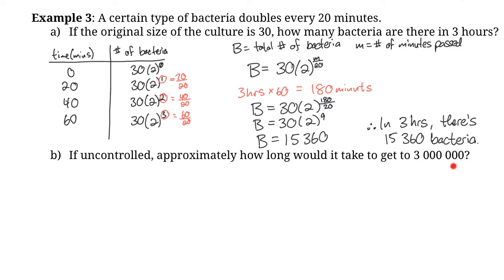In the second part of the question, it says, if uncontrolled, approximately how long would it take to get to 3 million? So this time we are given the number of bacteria, and we need to find out how long it would take. We need to find out the number of minutes. So we're going to use our equation, B equals 30 times 2 to the power of m divided by 20, and we know that the bacteria, B, is 3 million.